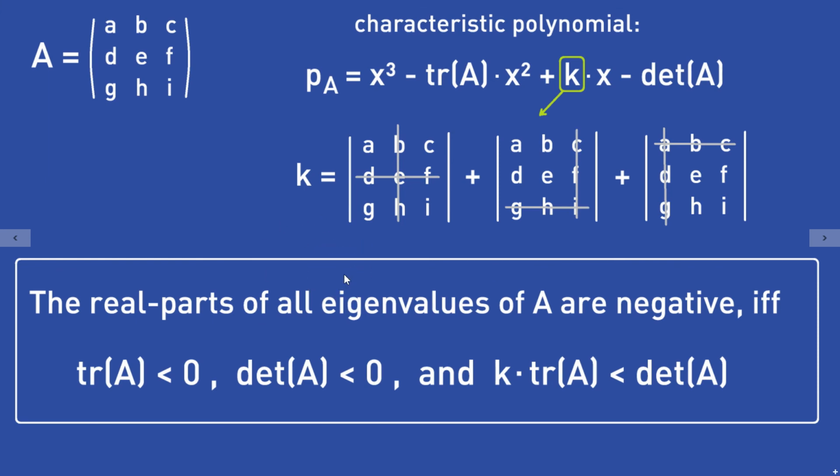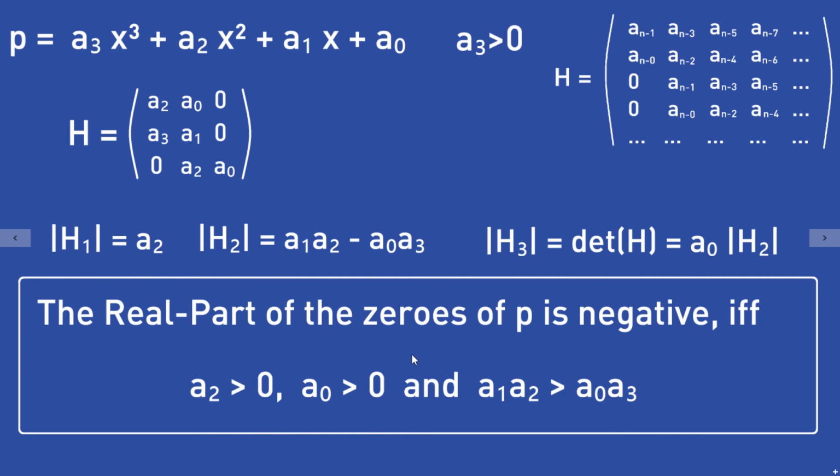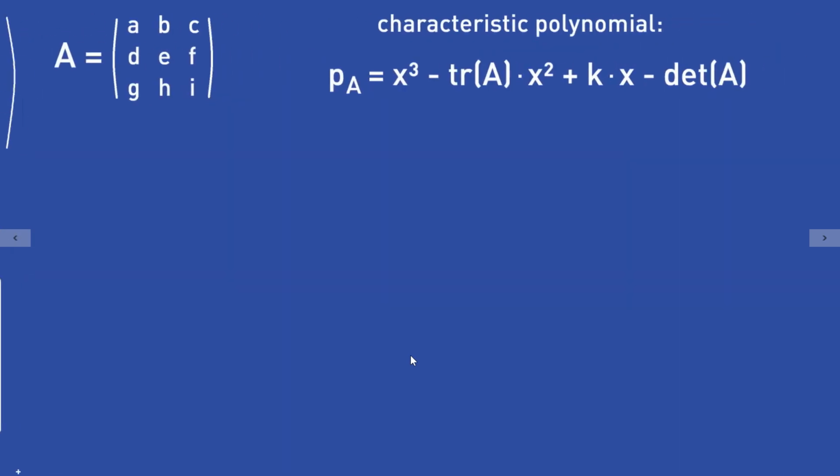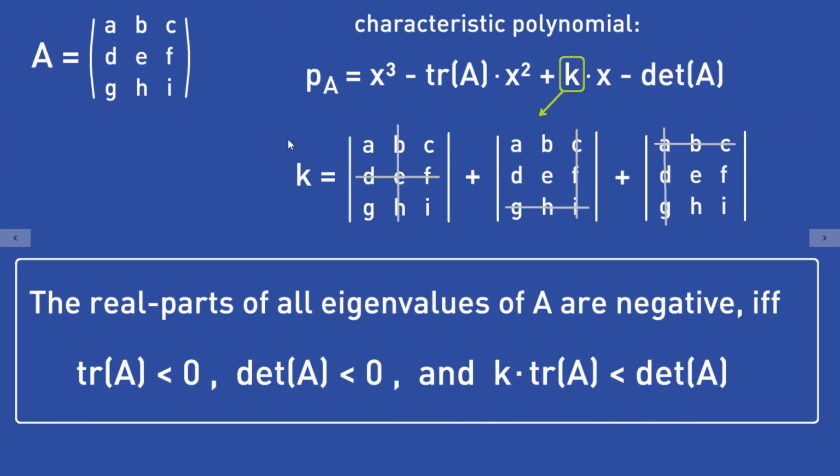So to get this result here, we just used this here on the characteristic polynomial PA. This result here is again especially helpful when considering the stability of fixed points.